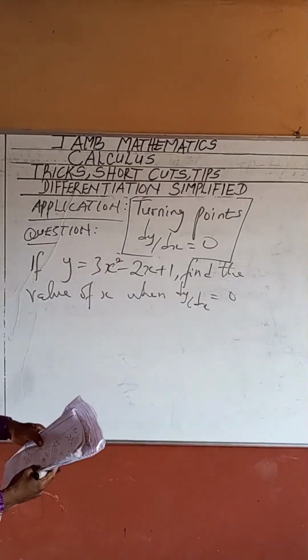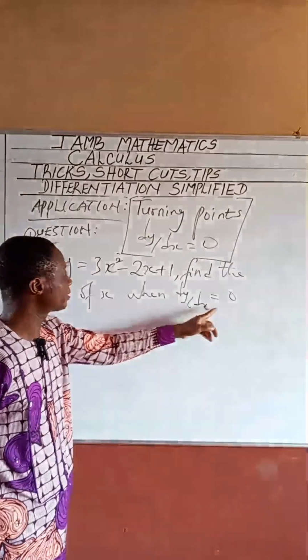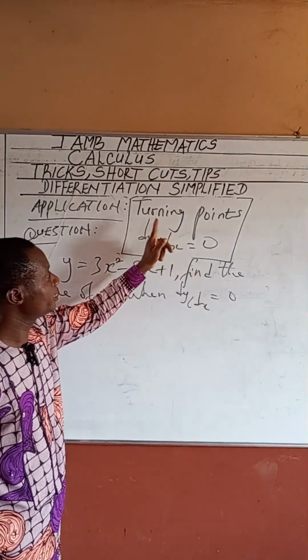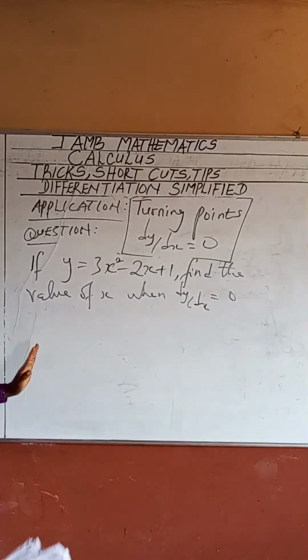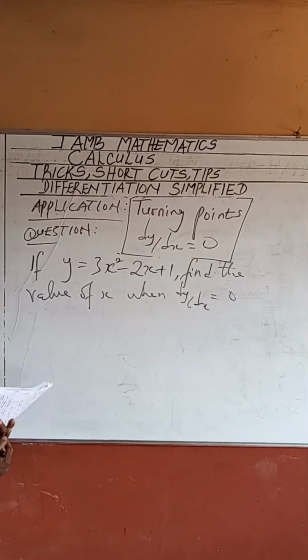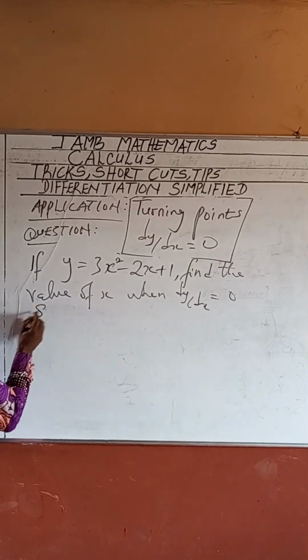You can see this. Anytime you see dy/dx equal to 0, it means it's a turning point. That's exactly what it is.